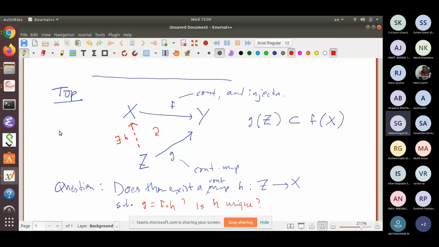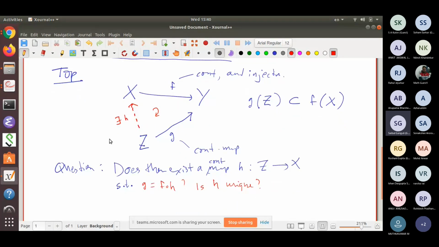Now, will H be continuous? So the answer, let us write what we found already. We found that the answer is, as a set map, yes, but not necessarily continuous.